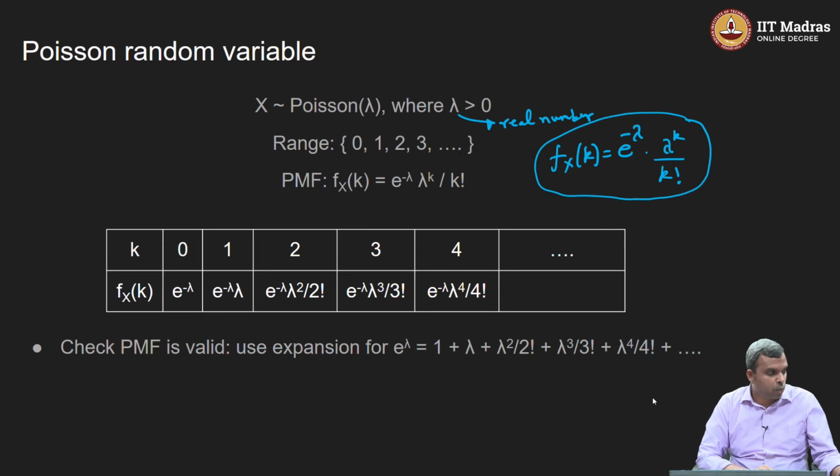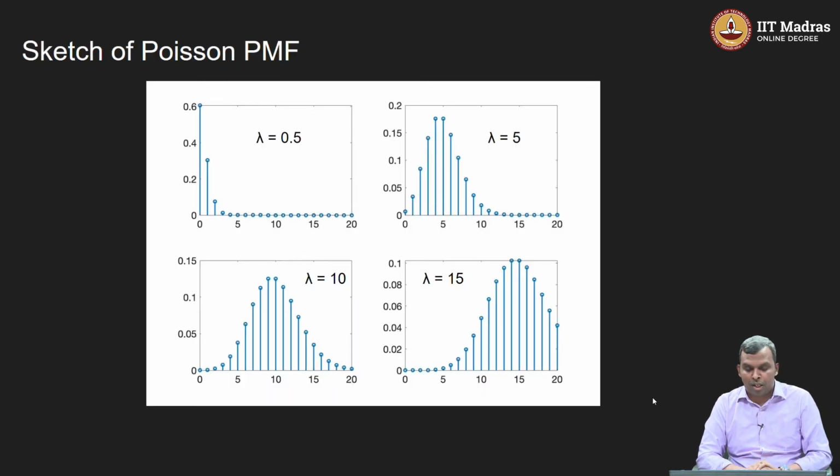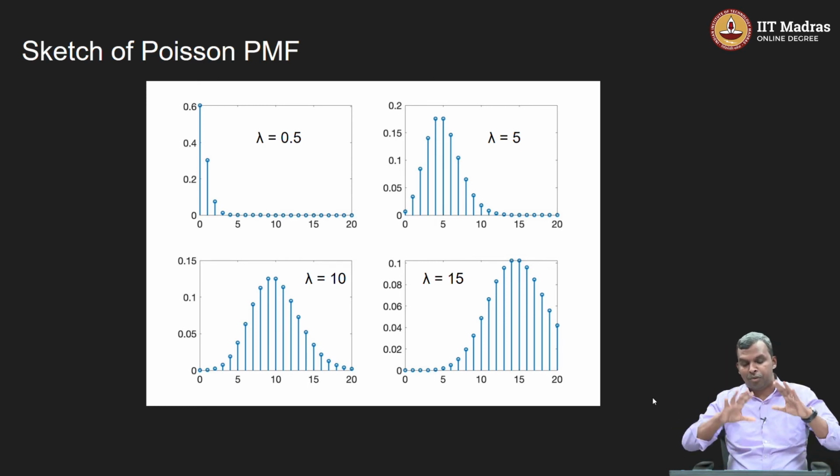If you want to see how it looks, here are a few sketches. You can sketch this Poisson PMF. I've used a simple application to sketch it. For different values of lambda, I've plotted the PMF from 0 to 20. And you can see as lambda increases, the peak of the PMF keeps shifting. When lambda is 0.5, the peak is close to 0. When lambda is 5, the peak is close to 5.